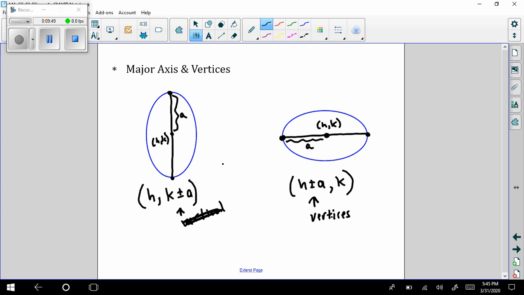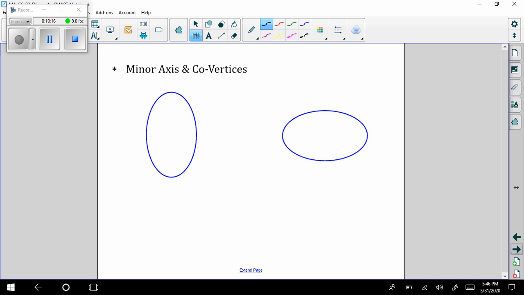I should say vertices, not vertical. So you'll see how that's all applied here in a bit when we actually do an example. Okay, so your A value is always added or subtracted to either the X or Y value of the center, depending on if it's a horizontal or a vertical ellipse.